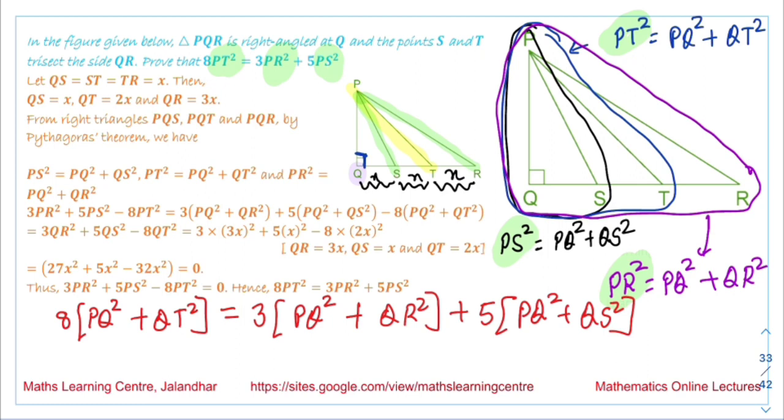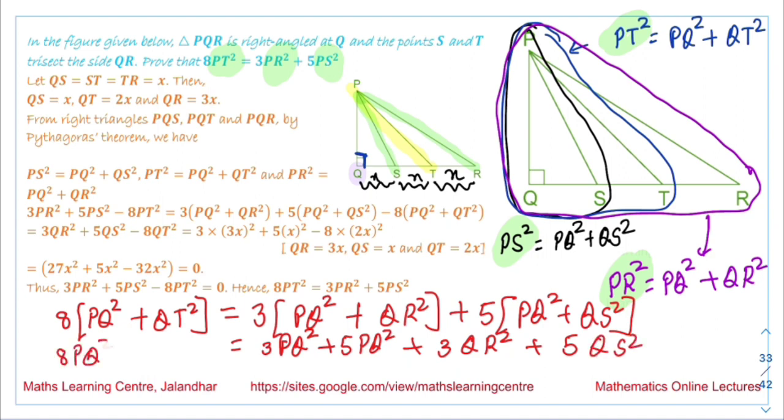Now when we open these brackets, we get 3 times PQ square plus 5 times PQ square plus 3 times QR square plus 5 times QS square. The left side is 8 times PQ square plus 8 times QT square. So 8 times PQ square gets cancelled from both the sides.